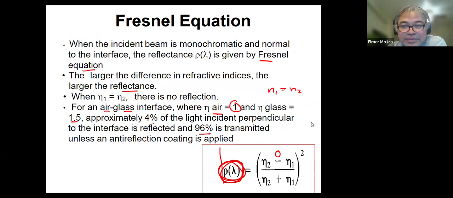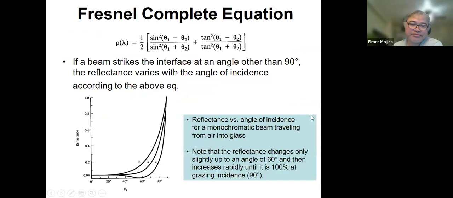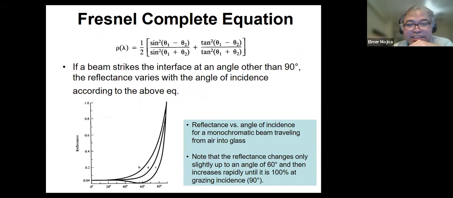Now, in the case that unpolarized radiation strikes the interface at an angle other than 90 degrees, the reflectance varies with the angle of incidence according to the Fresnel complete equation.